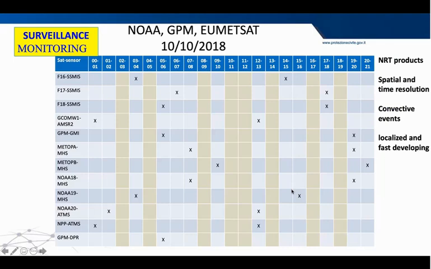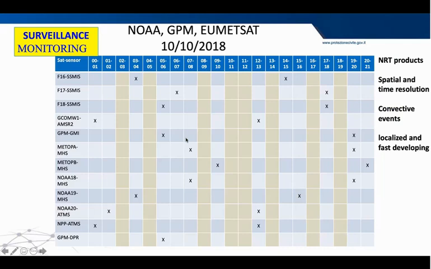But the question is, is it really useful to adopt the satellite precipitation product? Can they really match the requirements necessary for monitoring? So they are real-time products. The spatial and time resolution must be able to follow convective events. That means that we know they are localized, and they have fast development.